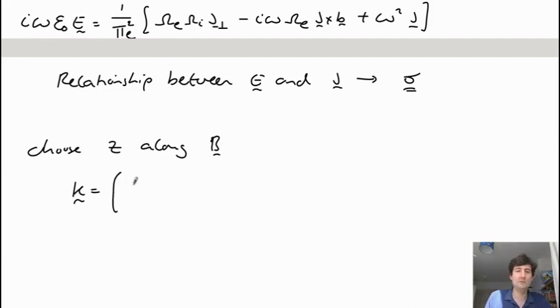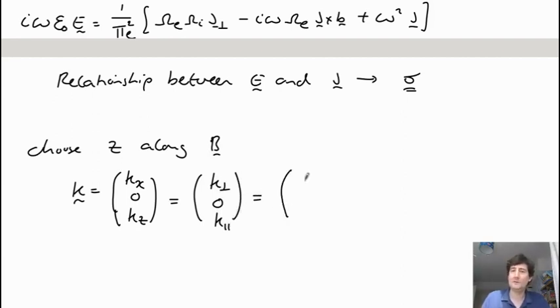This is still general. We've just chosen a particular direction, so k is k x, 0, k z, so the k y component is 0, just because we've chosen our x direction to be in the direction of k. We can also label these as k perpendicular, the component perpendicular to b, and k parallel, the component parallel to b.